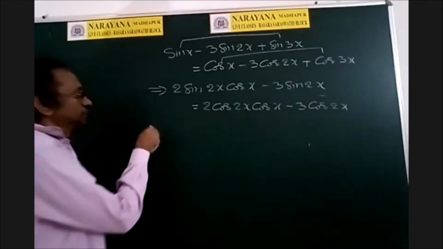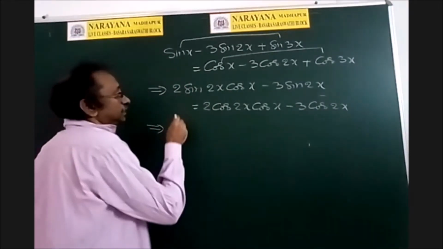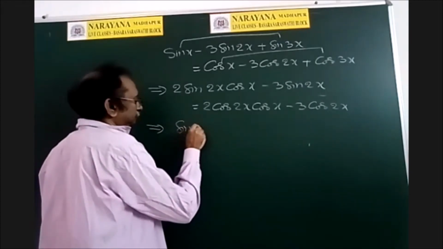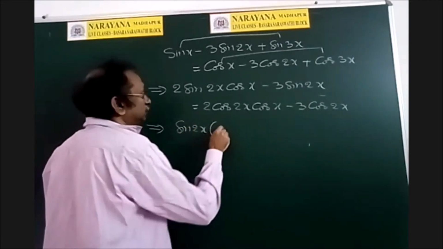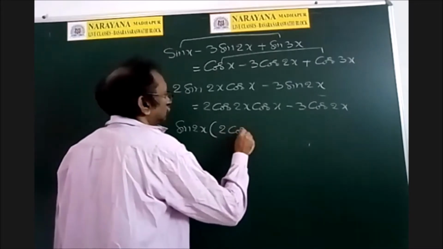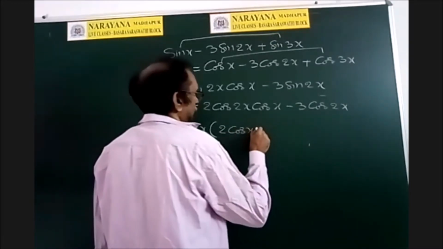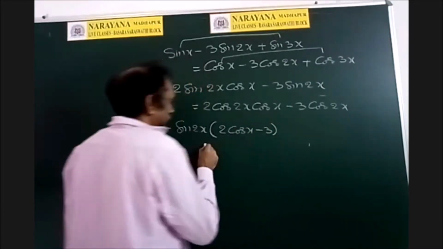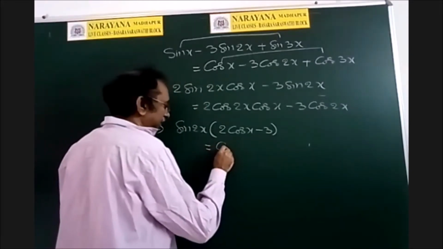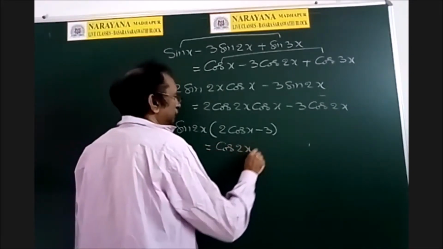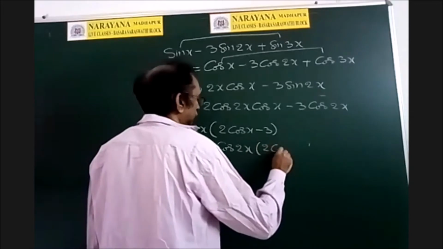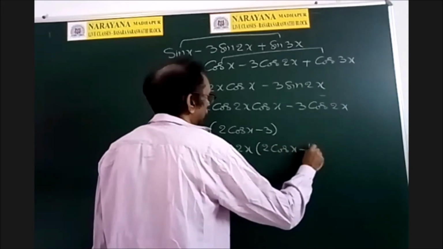Okay, so in the next step, in the left hand side, I can write sin 2x into (2 cos x minus 3) is equal to, in the right hand side, I can take cos 2x common, that is cos 2x into (2 cos x minus 3).